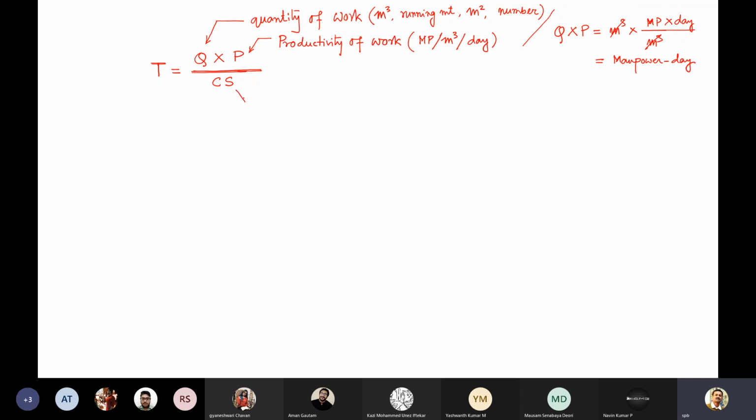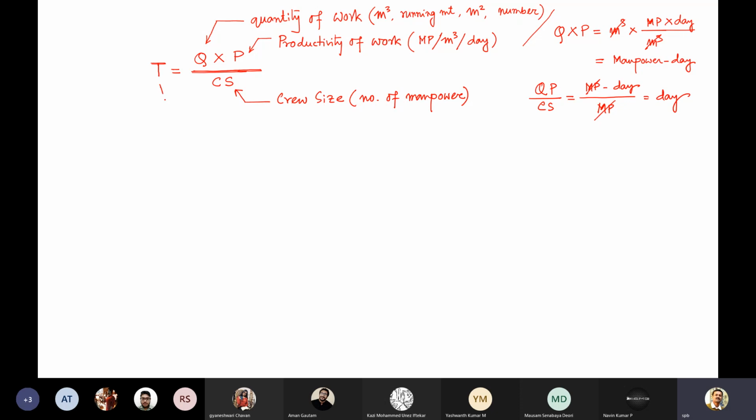And the CS is the size of the manpower, crew size, okay, so number of manpower. Now if you see Q into P is your manpower day divided by the manpower, so you will find the day.